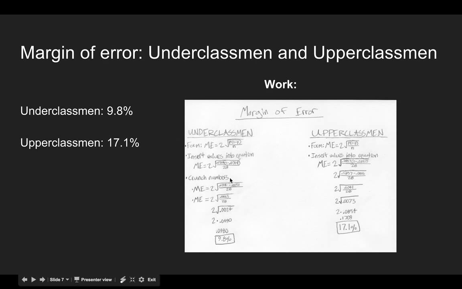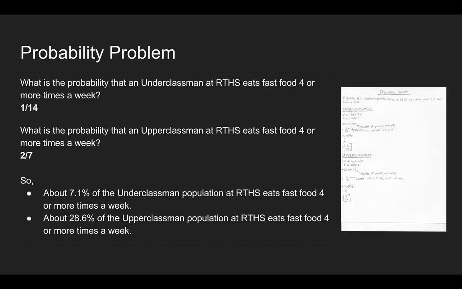For both of them, we just use the margin of error formula, insert the values into the equation, which you can see right here, and crunch the numbers. This is the process of crunching the numbers, and that's the final result. Same for the upperclassmen: formula, insert values, crunch numbers. There you go, 9.8% and 17.1%. So you'll notice the upperclassmen's margin of error is a little bit high, which we'll also talk about later. Not ridiculously high, but a little bit.